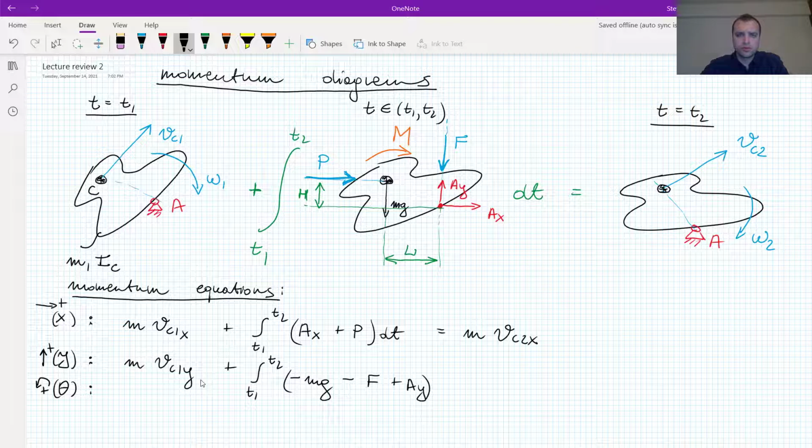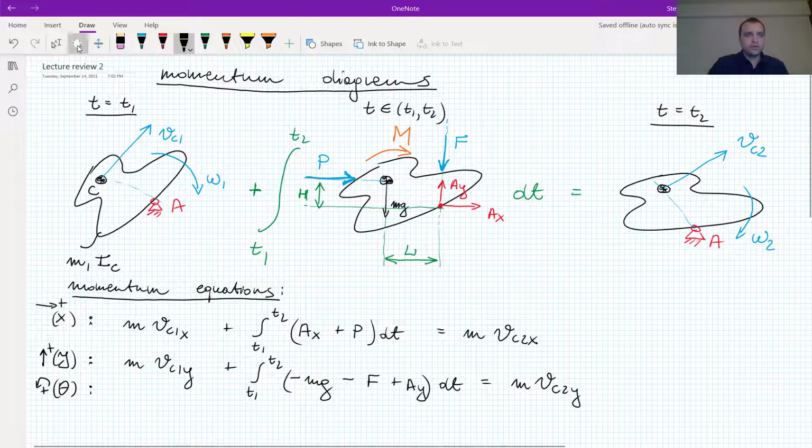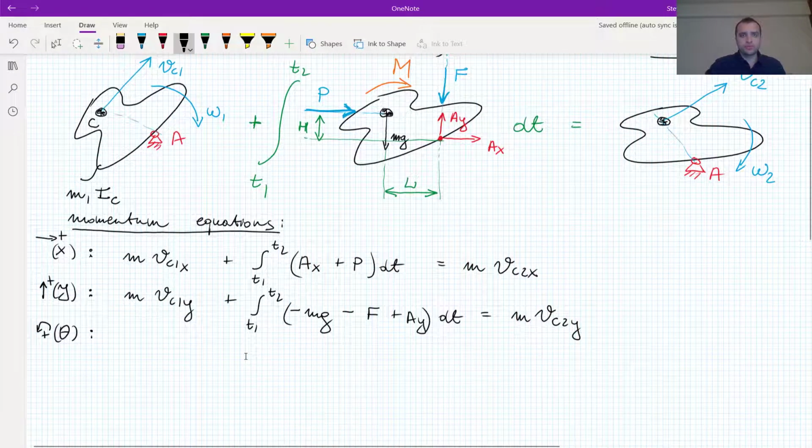Yes, these are all the forces acting in the y direction, dt. And this is equal to m vC2y.